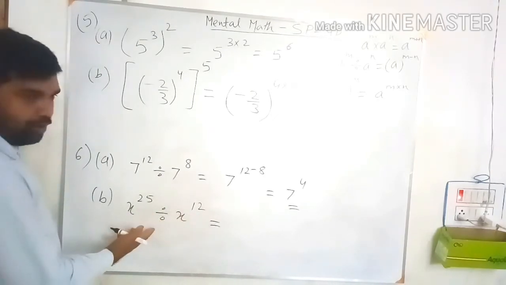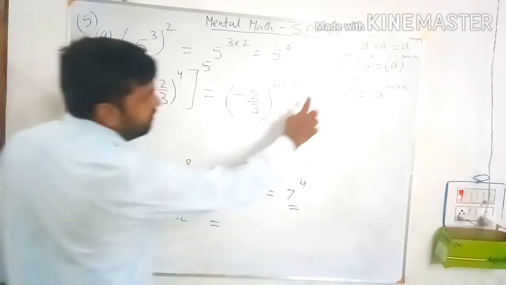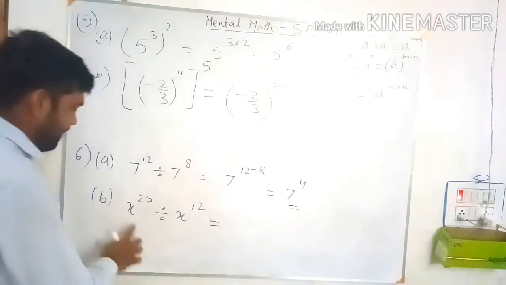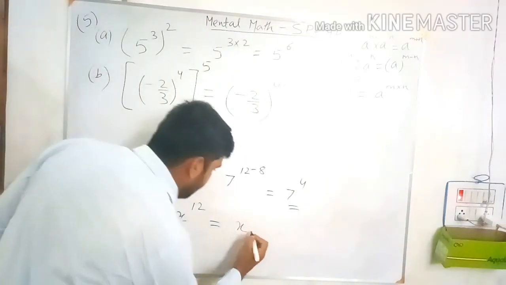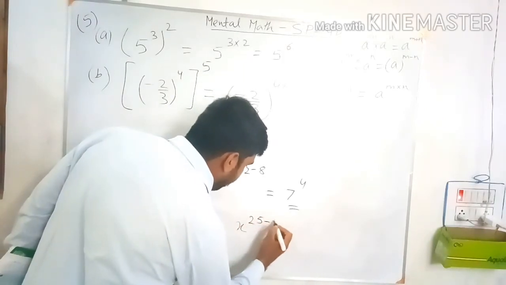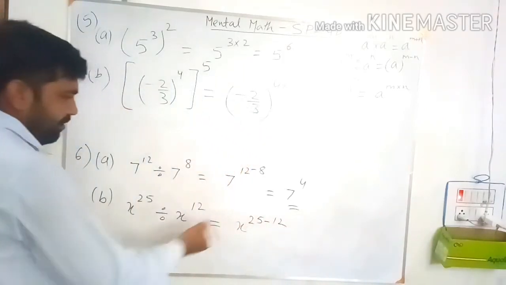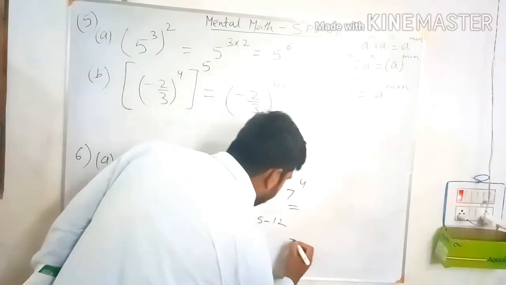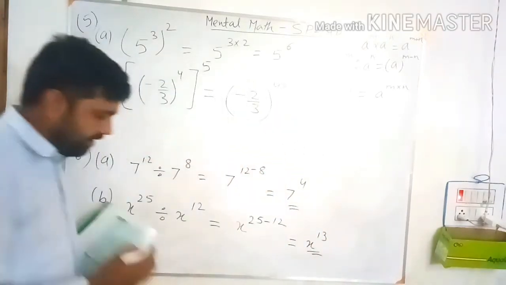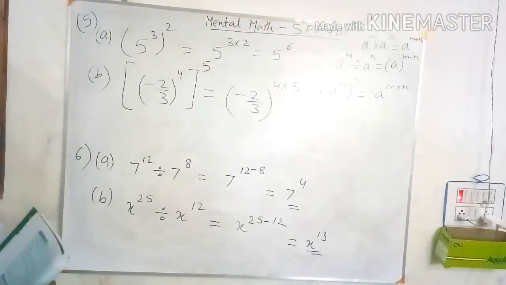So apply the quotient law. A to the power m divided by a to the power n gives a to the power m minus n. Means take the base common x and subtract the powers, first power minus second power. So 25 minus 12 is 13. X to the power 13 is the answer.